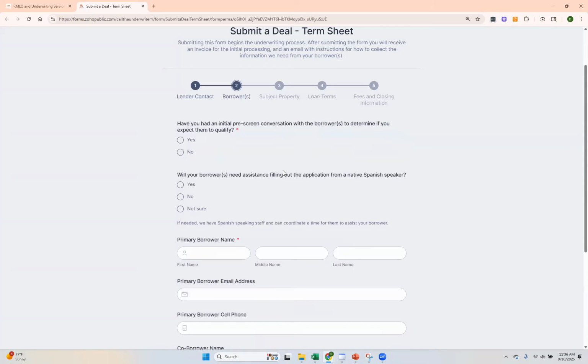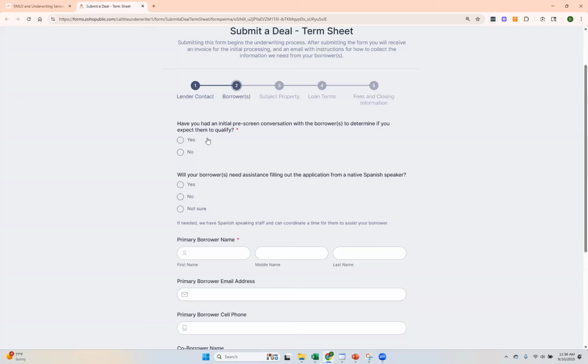So after you submit your lender information, we'll ask for information on your borrower or borrowers. This first question, have you had an initial pre-screen conversation or had them use the pre-screen form to determine if you expect them to qualify? This is just a check. It's a really critical step in the process. I always highly recommend pre-screening your borrowers to look for red flags, foreclosures, bankruptcies.